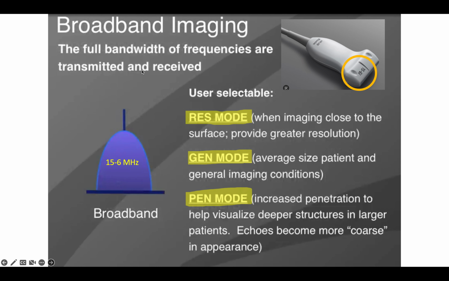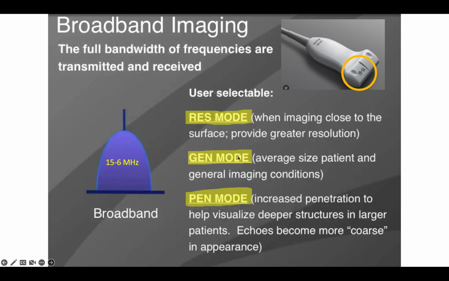And so again, we have to help the machine to produce the best picture for us. So we have to select where the structure of interest is, and we will do this by pushing a special button. We have 3 modes. Resolution mode, this is designed for superficial structures.